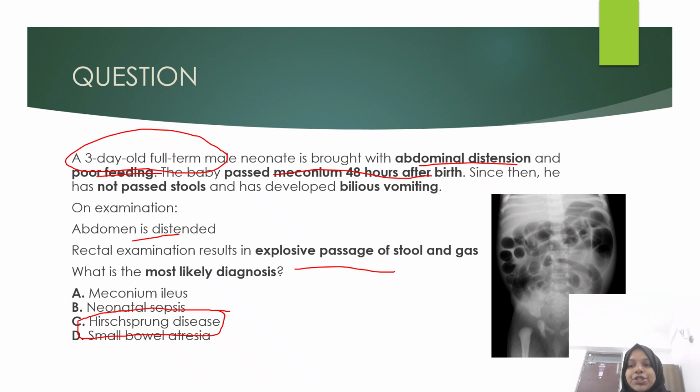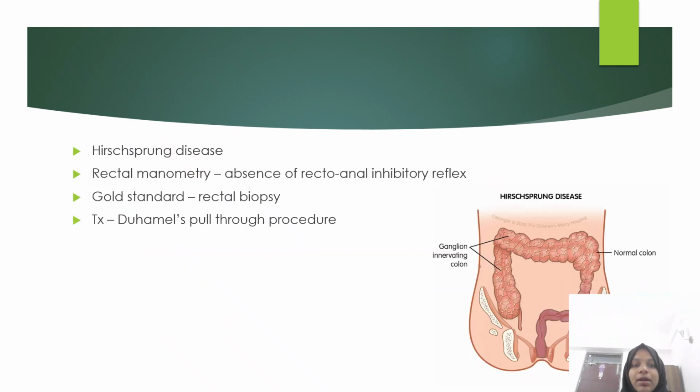Hirschsprung disease. What is Hirschsprung disease? It is absence of ganglion cells in the distal part of the rectum or the colon. How do you diagnose it?